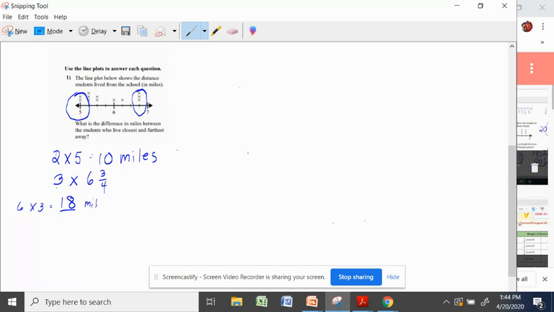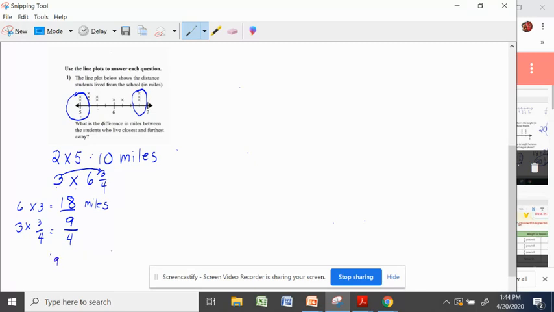So that's my first half of the answer. Now I'm going to multiply my fraction. So 3 times 3/4. 3 times 3 is 9, and then I just copy my denominator. Now, this is an improper fraction, so I'm going to make that into a mixed number, which you already know you are going to divide.